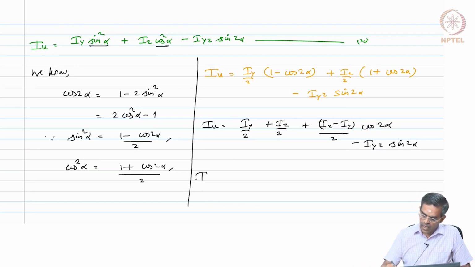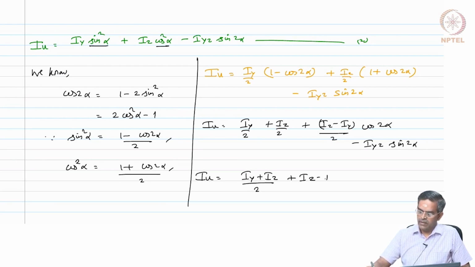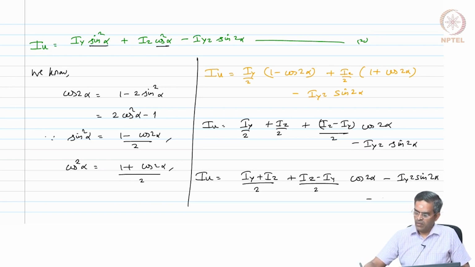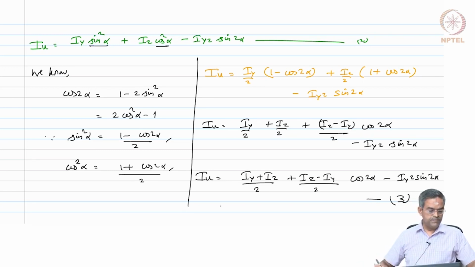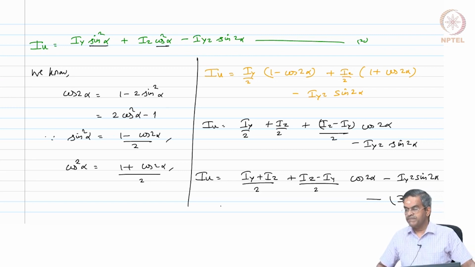So, IU is IY plus IZ by 2 plus IZ minus IY by 2 cos 2 alpha minus IYZ sin 2 alpha, called equation number 3. Let us take equation number 3 as one of the important reference derivations.